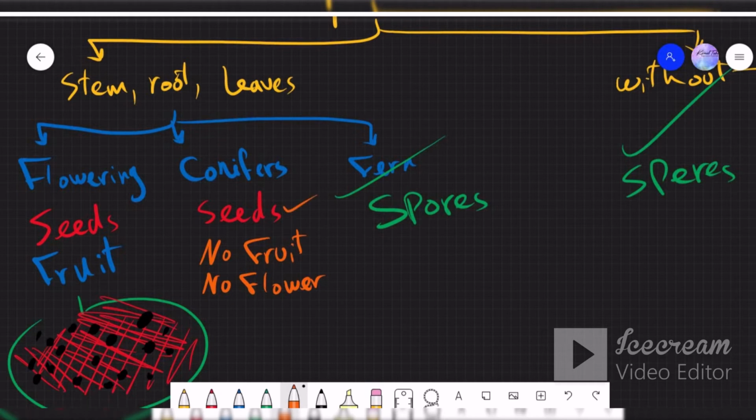Now, where does the coniferous plant protect the seeds? I told you the seeds want to be protected every time, and the flowering plant protects the seeds by fruit. But how does the coniferous plant protect its seeds? Let's take a look at the book and speak more about the coniferous plant.